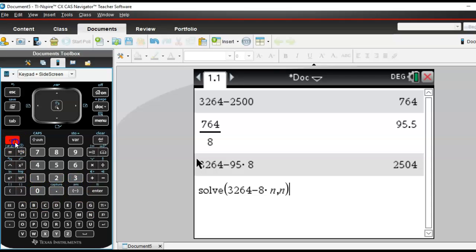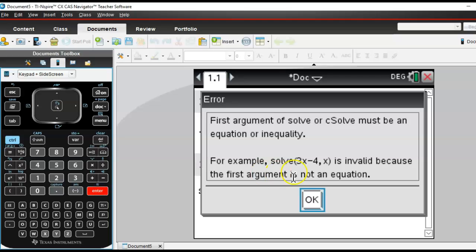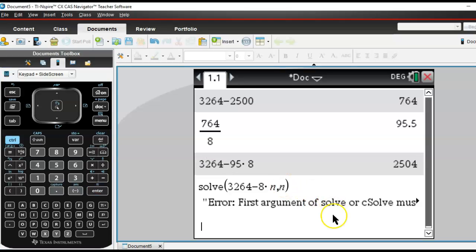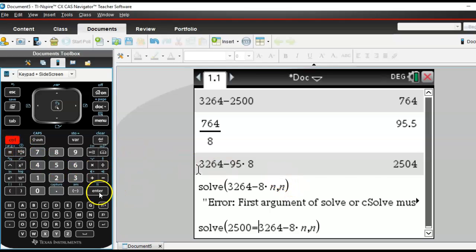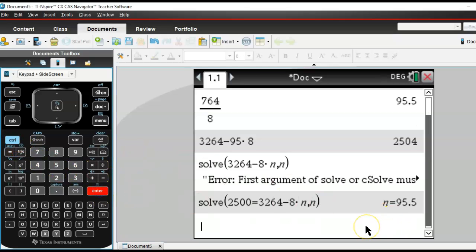Oops, I forgot the equal sign. So 3,264 minus 8n equals 2,500, there, that's better. And control enter gives 95.5.